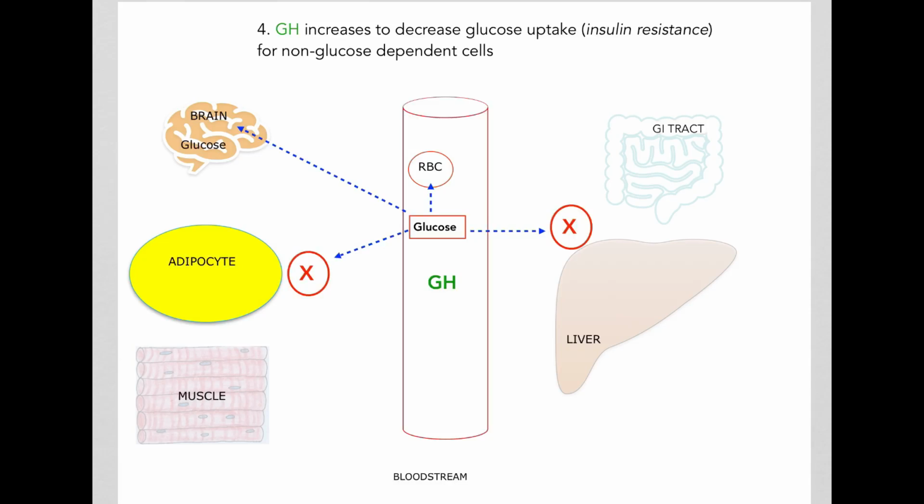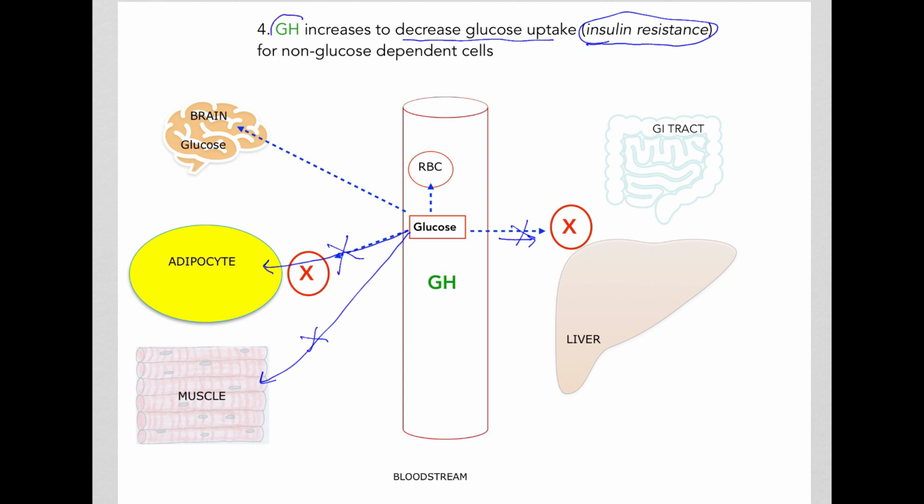So the body will try to stop the absorption of glucose by other cells. Okay, so adipocytes will not be able to take up this glucose. Muscle cells as well as other cells will not be able to take up this glucose. And this is called insulin resistance. Insulin resistance will prevent the uptake of glucose by other cells except the glucose-dependent cells.